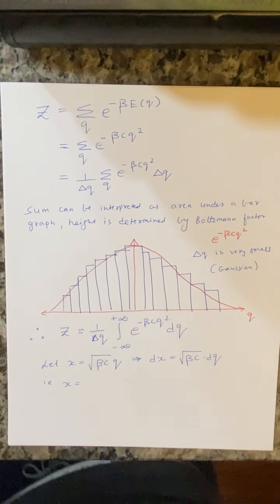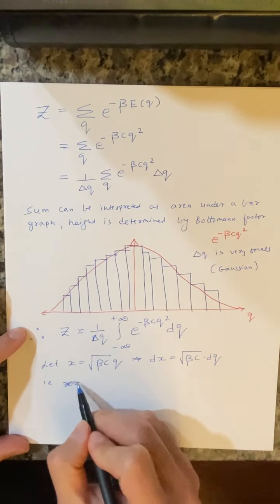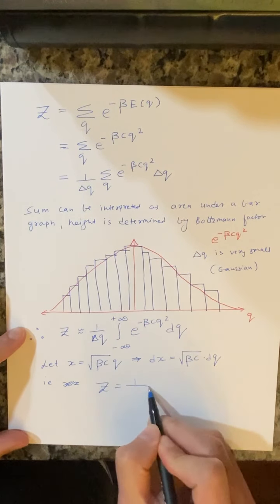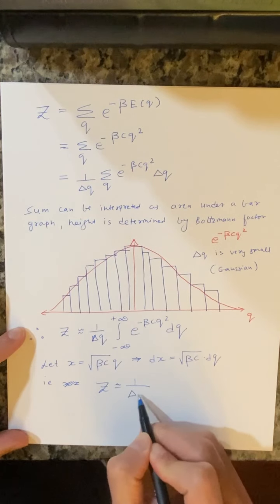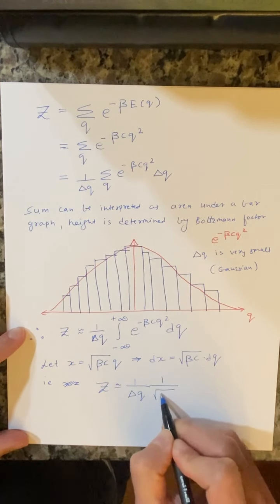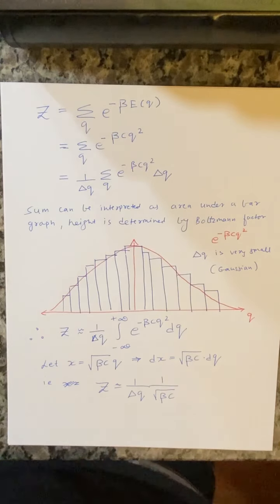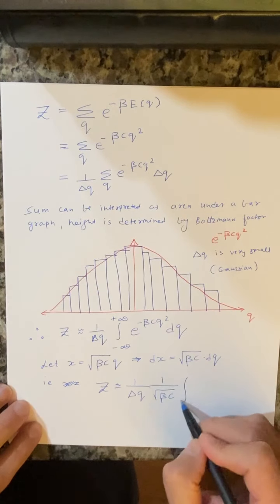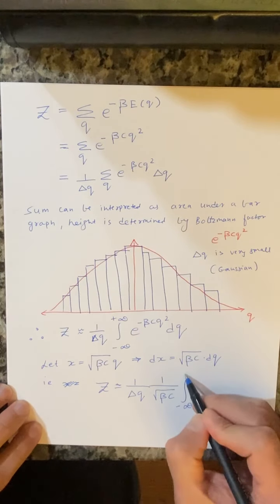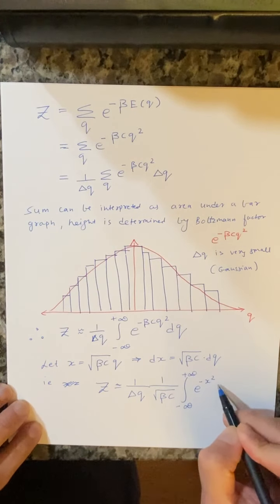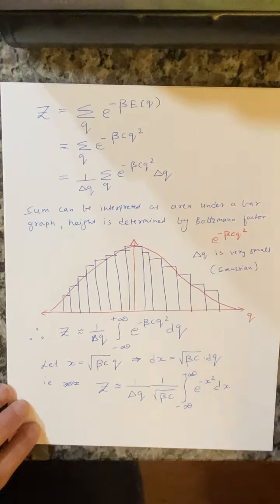Let's put down the partition function now. Z is approximately equal to 1 over delta Q, times 1 over under root beta C, times the integral from minus infinity to plus infinity of e raised to minus x square dx.